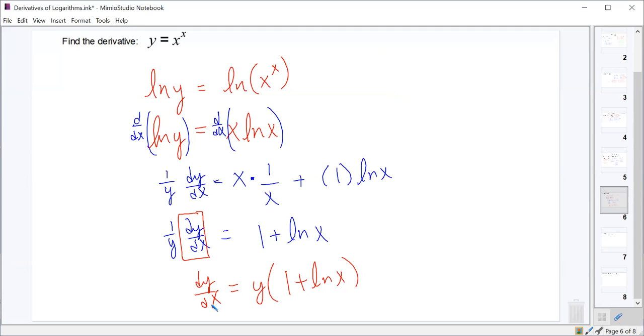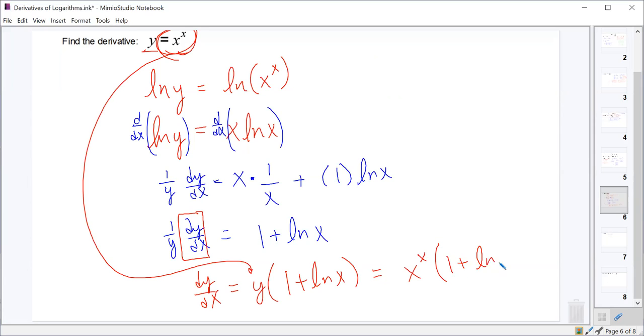Do we need to change the y? Yes, we do. We should feel not so great about this because we started with y equals something all in terms of x, and we ended up with a y in it. So let's take this x to the x that is equal to y and plug it in, giving us x to the x, our original function, times 1 plus ln x. Good or no?